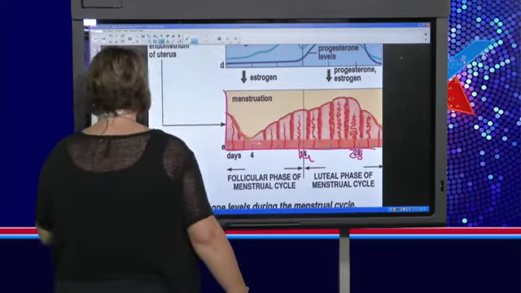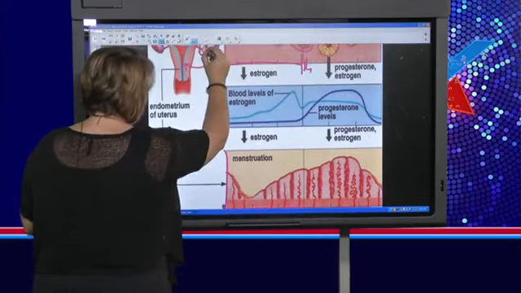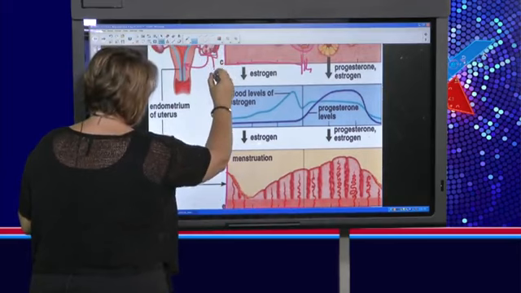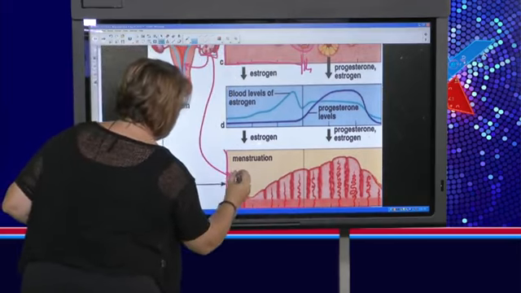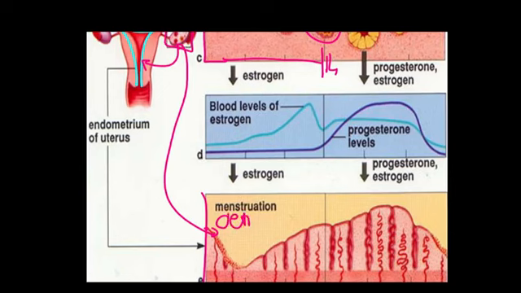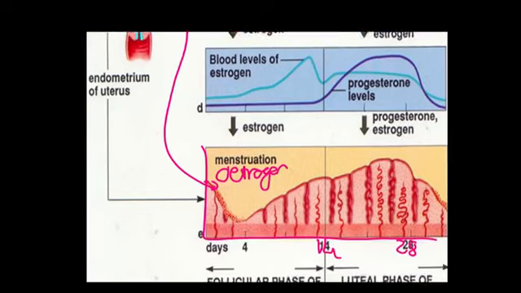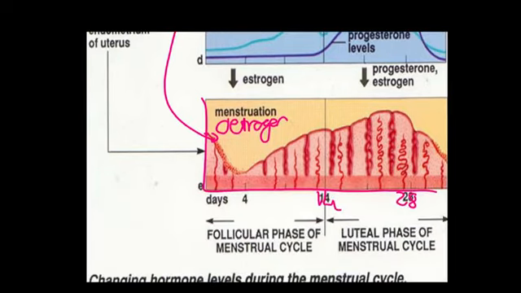So what does my ovary do? My ovary secretes a hormone called estrogen. All right? And what does estrogen do? Have a look here. What happens to my endometrium? It gets thicker and thicker and thicker. So what does my estrogen do?